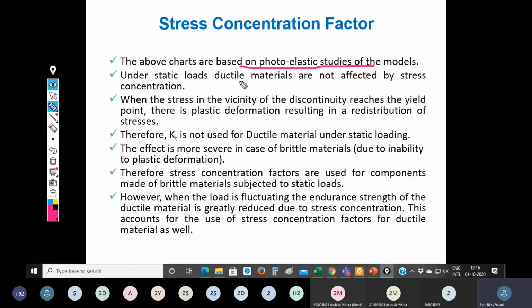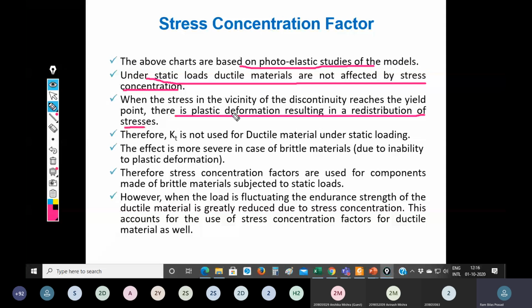Under static load, ductile materials are not affected by stress concentration. When the stress in the vicinity of a discontinuity reaches the yield point, there is plastic deformation resulting in redistribution of stresses. Right?